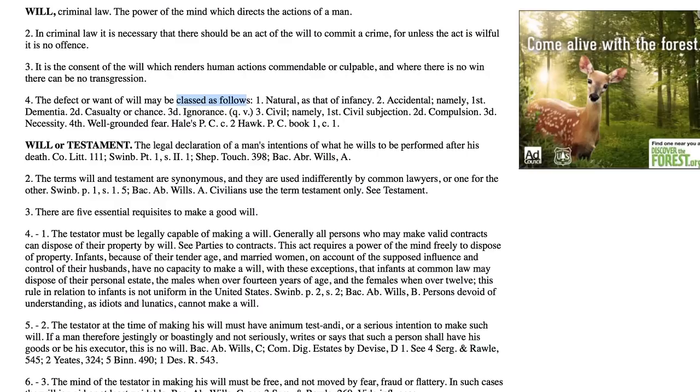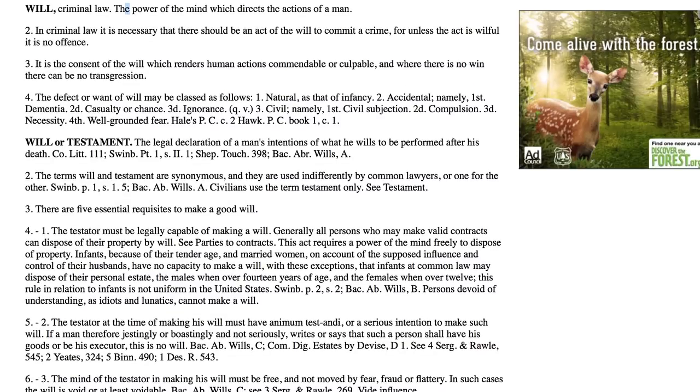So you can be a natural person and be in a state of infancy, which is the defect of having a will, which is someone asserting their governing over your mind, right? Which is government. The power of the mind directs the actions of the man. If you are without the power of your mind, you are under the government of a third party, so to speak.